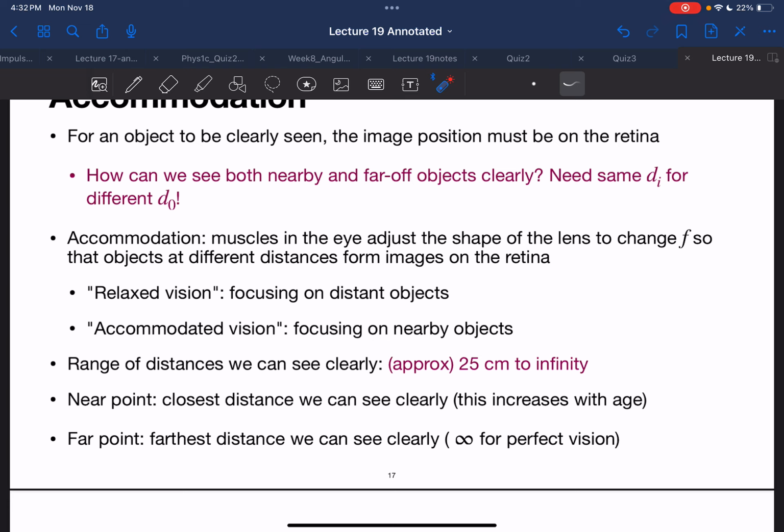That's about a 25 centimeter distance. And then in theory, if you have perfect vision, you can see all the way out to infinity. There's of course the diffraction limit or the resolution limit that we run into in being able to resolve objects, but you can focus all the way out to infinity.